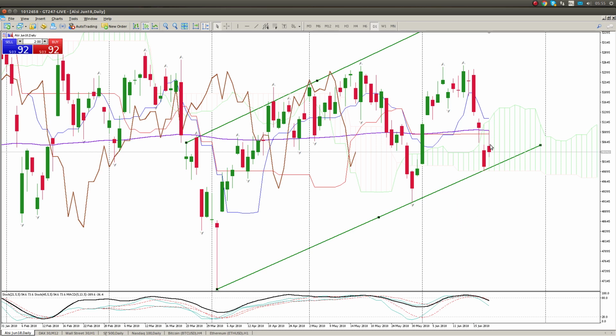Now, this daily bar from yesterday is a little bit confusing. This could be a rejection off the daily Kijun-sen and the 200-day EMA. But it also could be a pullback, a retracement of this move up, because this was quite a substantial move up with this gap.